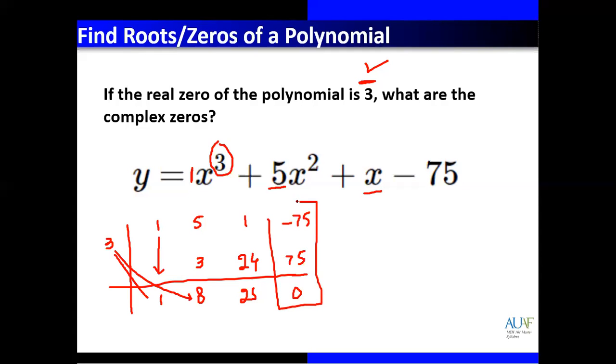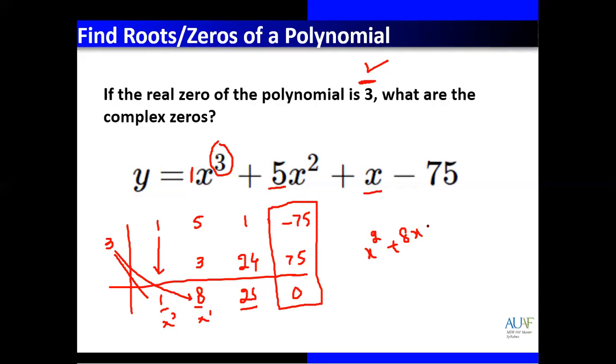If one number is given, that is a factor of this equation. It must be 0. So now we are left with three numbers, 1, 8 and 25. The last number is the constant, the second number is x power 1 and the third number is x power 2. So the coefficient is 1, so write down x square. Next one is 8, so write down 8x.